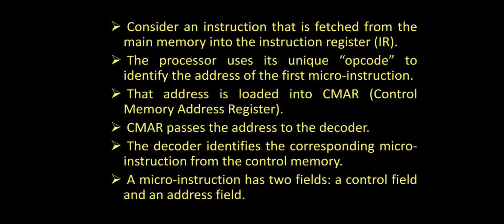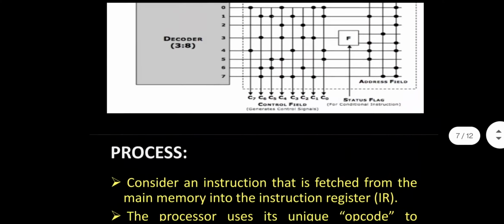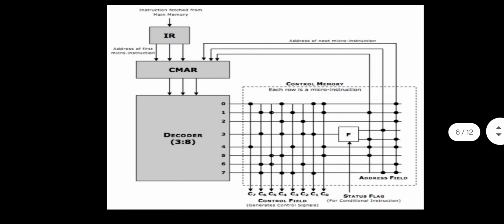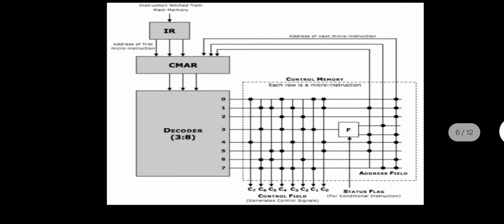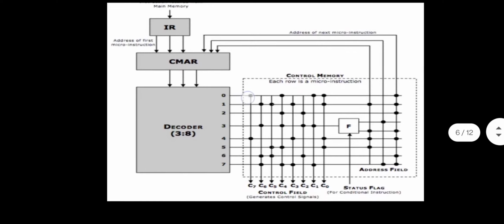Then the CMAR passes the address to the decoder. The job of the decoder is to identify the corresponding microinstruction from the control memory for the address.